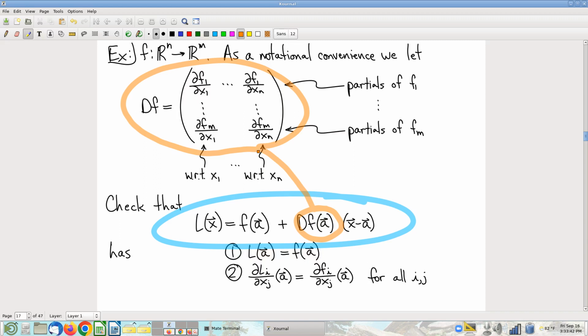And because I can't remember if I noted the following, let me do it again. Make sure not to accidentally transpose this matrix. It's really easy to accidentally do this move. So it's very important that the columns correspond to individual input variables that you're taking partials with respect to, and the rows need to correspond to individual output components that you're taking the partials of.